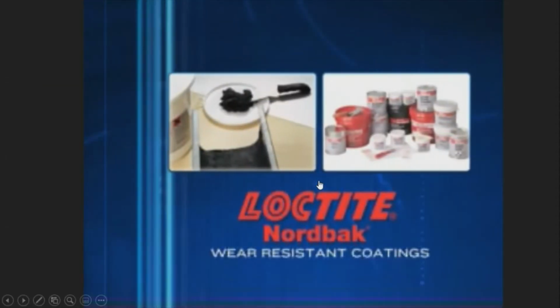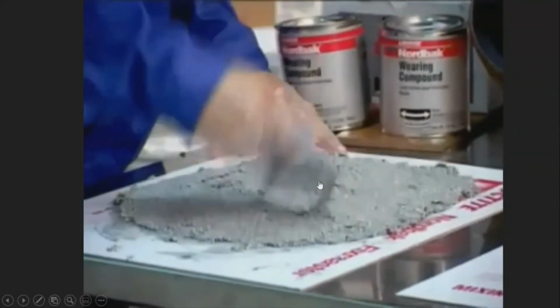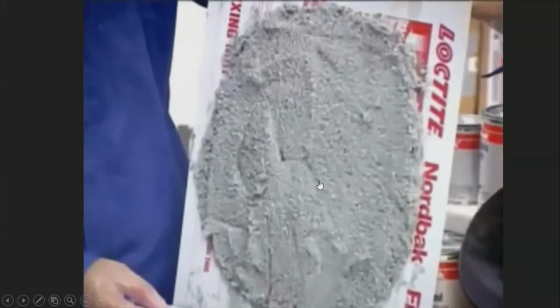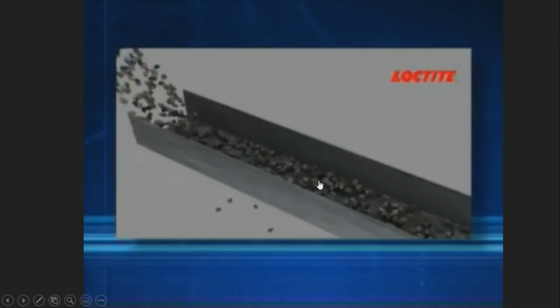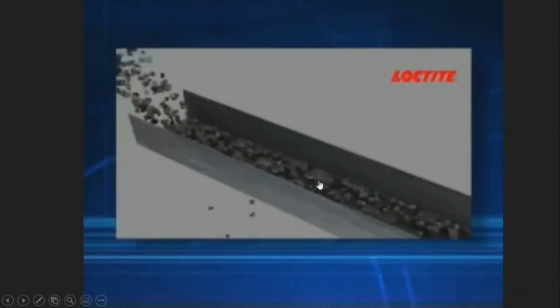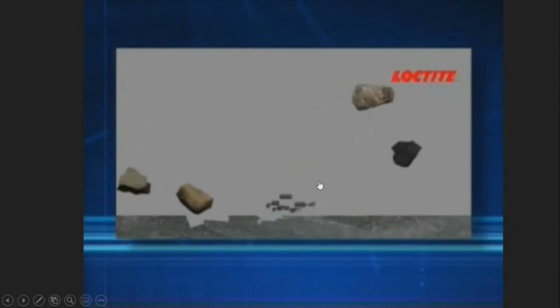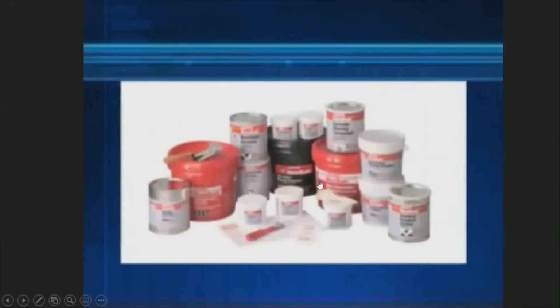Nordback wear-resistant coatings are formulated with extremely hard reinforcement fillers. They have superior adhesion and excellent wear resistance against abrasion. Large particles and solids can cause premature failure of equipment through wear and abrasion. Constant attack of large abrasive particles and solids causes significant metal loss. Wear and abrasion can be minimized by utilizing Nordback wear-resistant coatings.